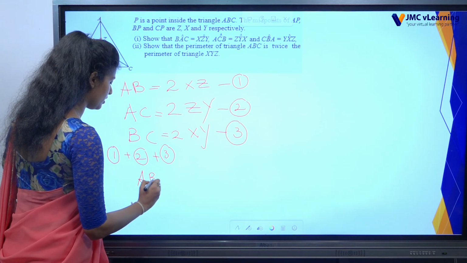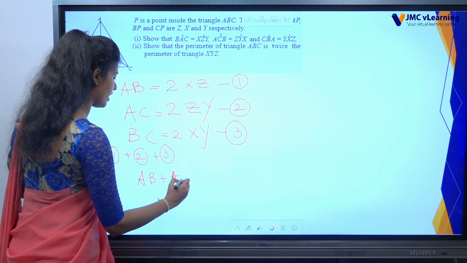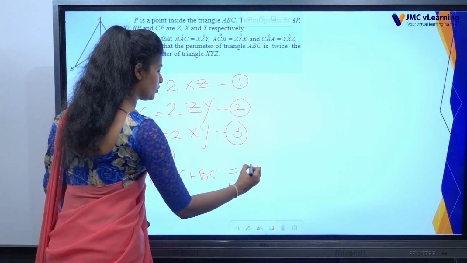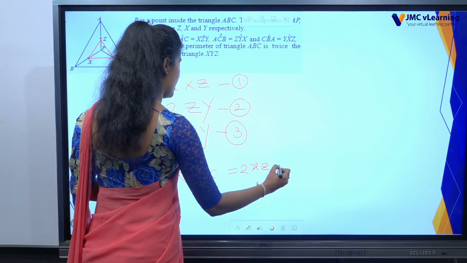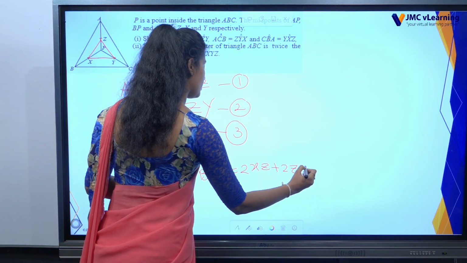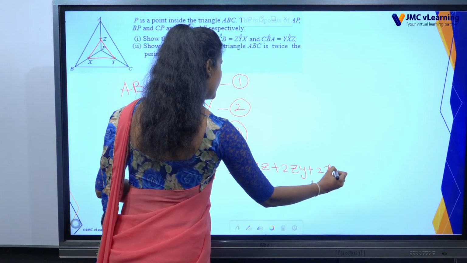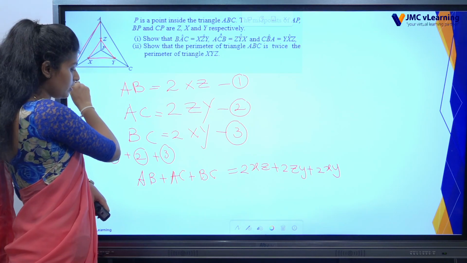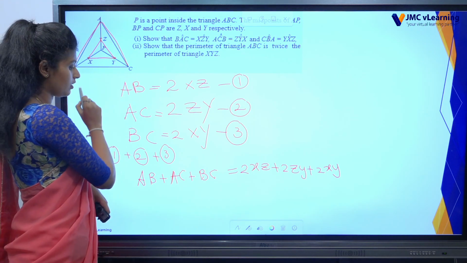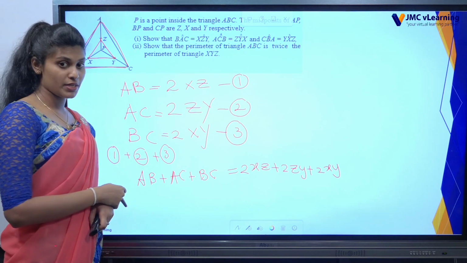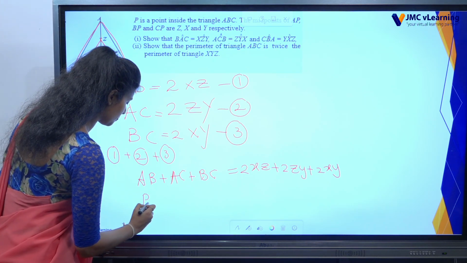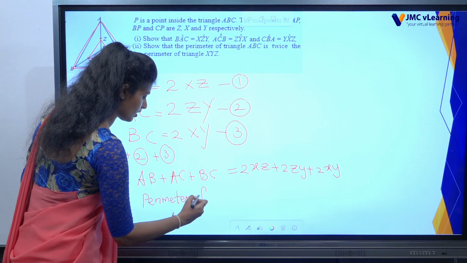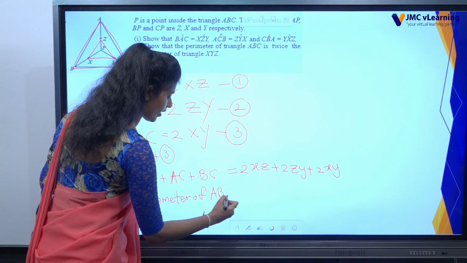Then AB add AC add BC is equal to 2XZ add 2ZY add 2XY. Then AB add AC add BC mean perimeter of ABC triangle.